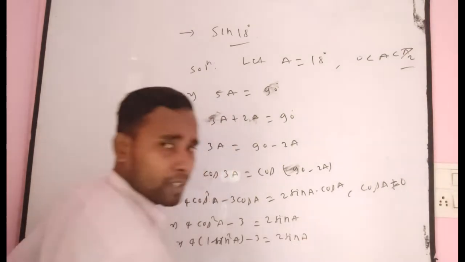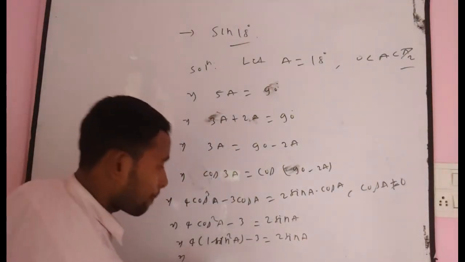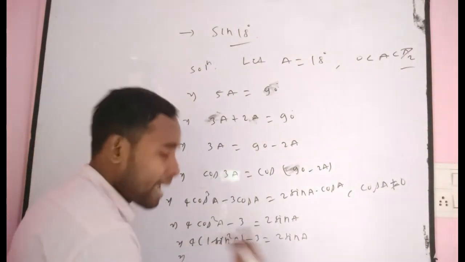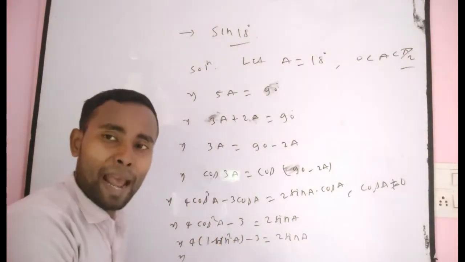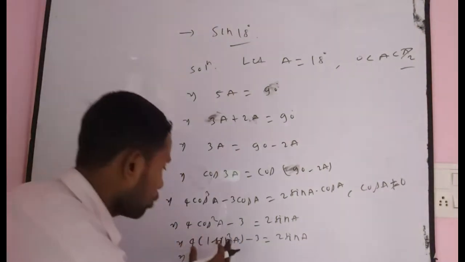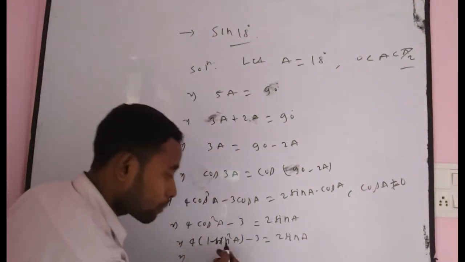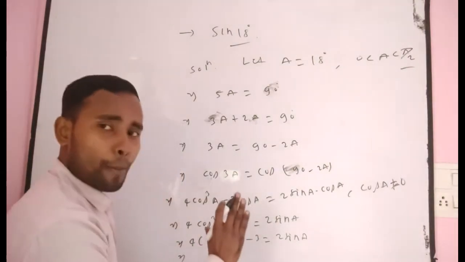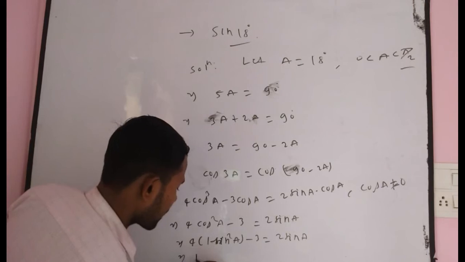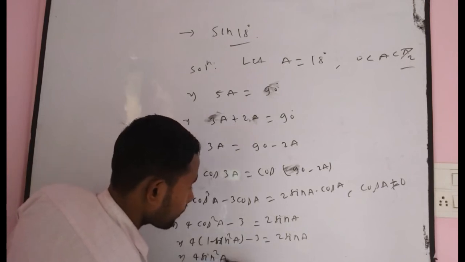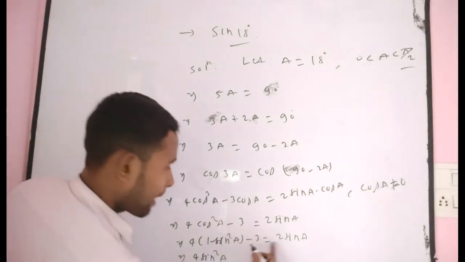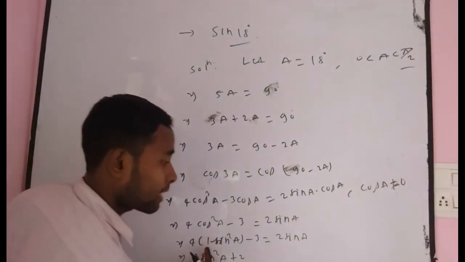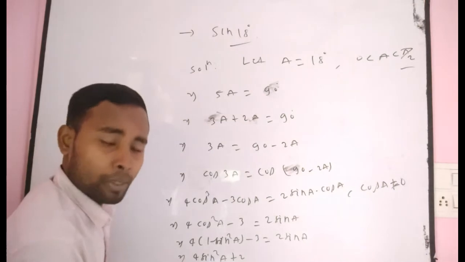Can you write? If you write it, again you have to simplify and rearrange. After simplifying and rearranging, you get 4 minus 4 sin square a minus 3 is equal to 2 sin a. I want to make all terms positive, so I take the left side to the right side, where it becomes positive.